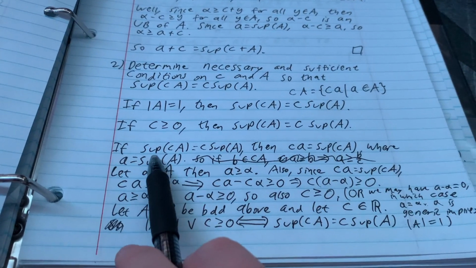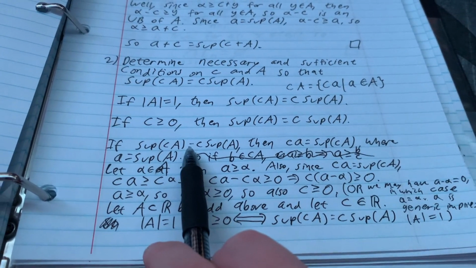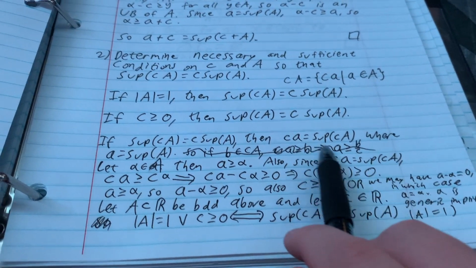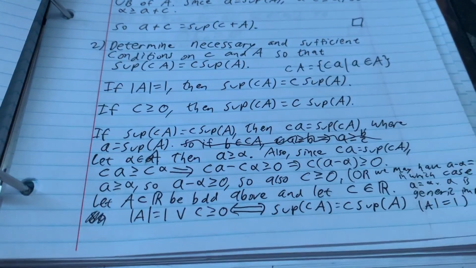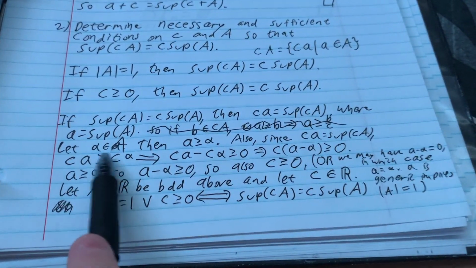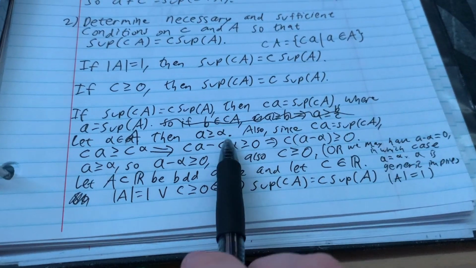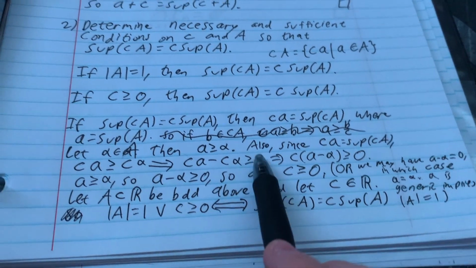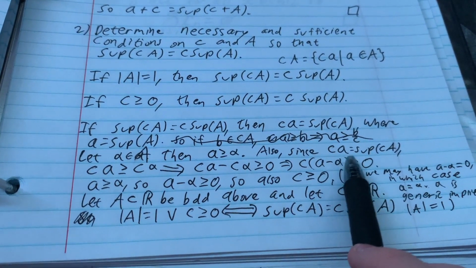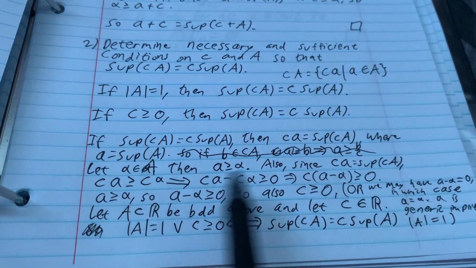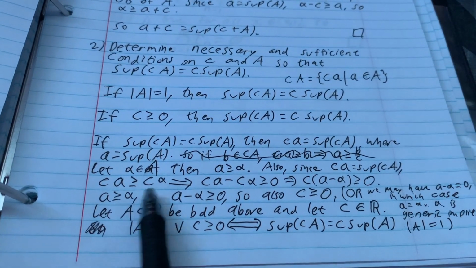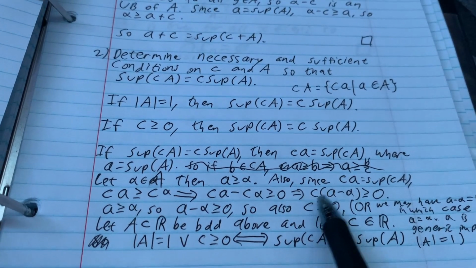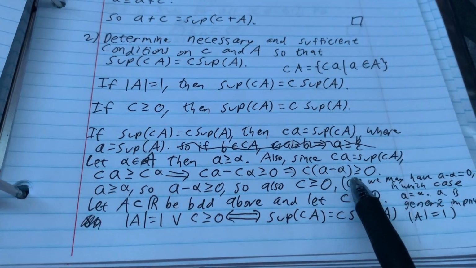So if sup CA is equal to C sup A, that means c a is equal to sup CA, where I just let a be equal to sup A. And I let alpha be a generic element of A. a is at least alpha, because a is the supremum of A. Also, since c a equals sup CA by supposition, c a is at least c alpha, which means c a minus c alpha is at least 0, which means c times (a minus alpha) is at least 0.